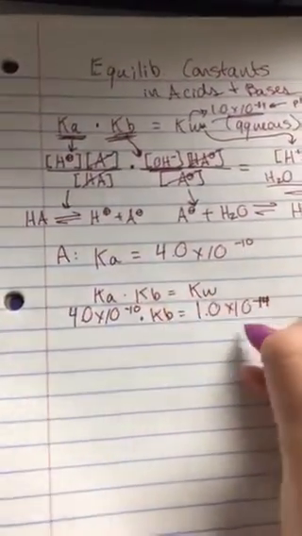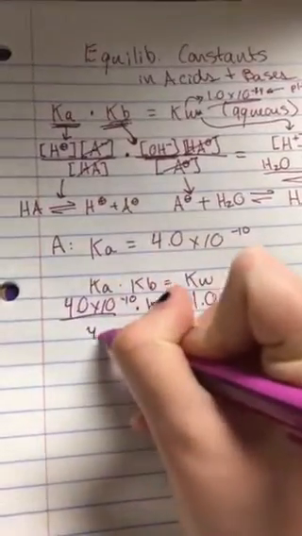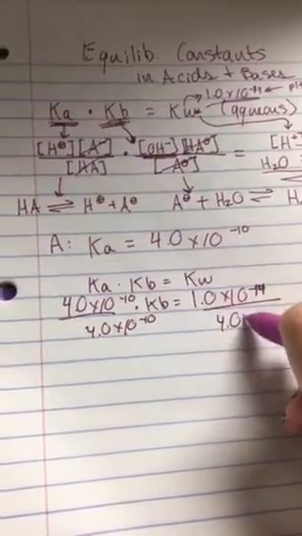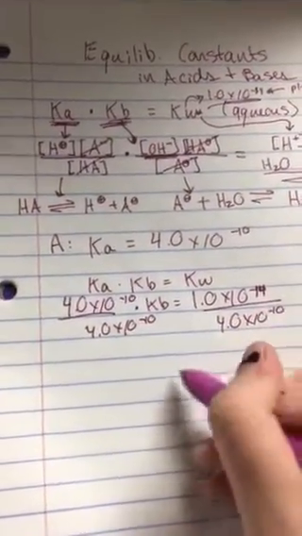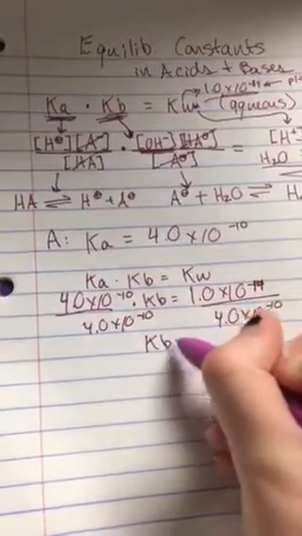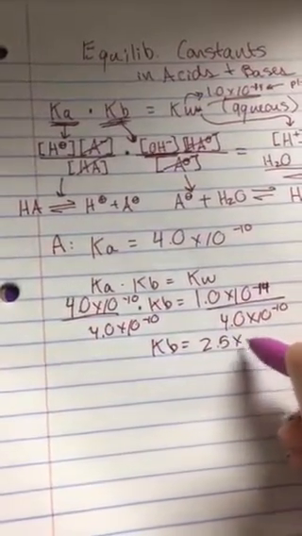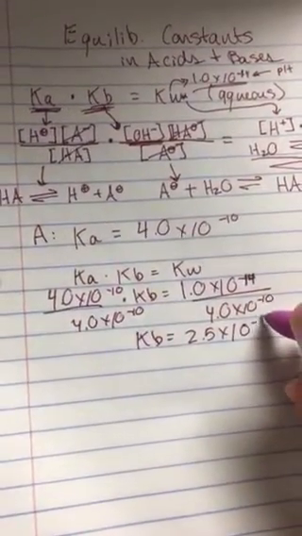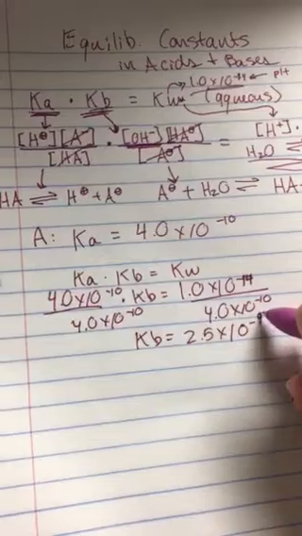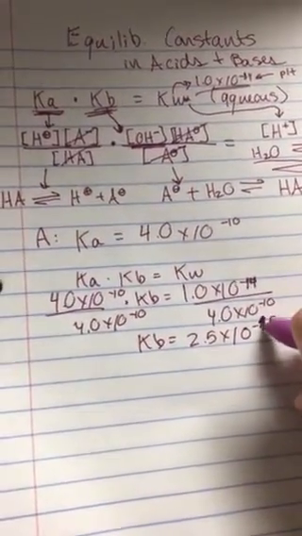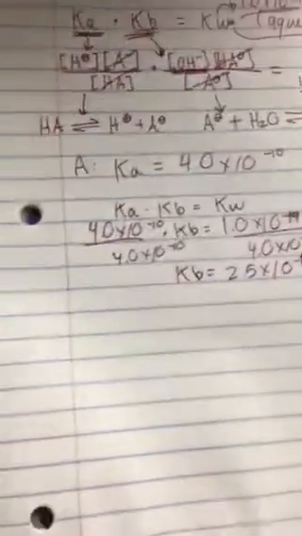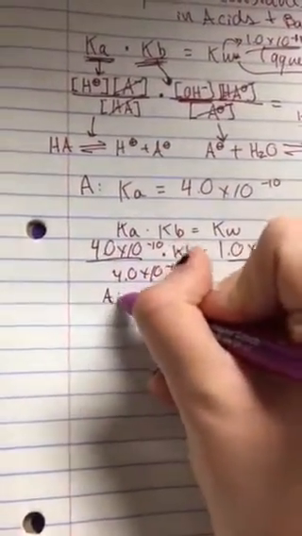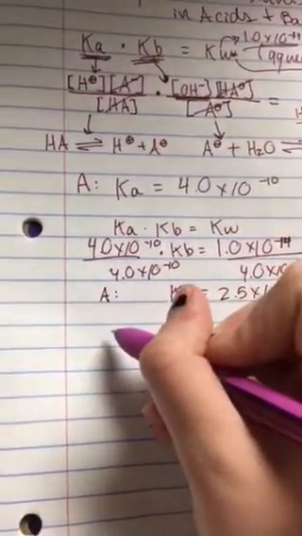So you divide both sides by 4.0 times 10 to the negative 10th, and you can do basic algebra. Now you have Kb equal to 2.5 times 10 to the negative 5th. I cannot do basic algebra, it turns out. This is the value for A, and you follow the same protocol.